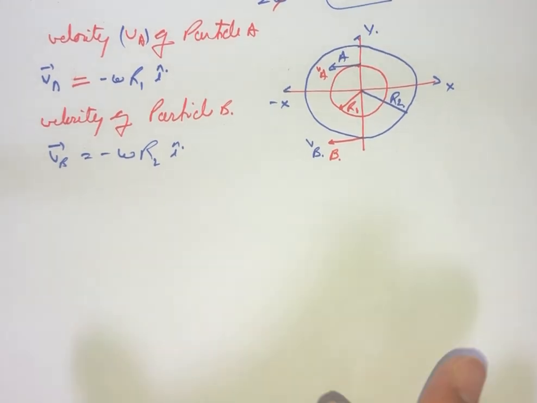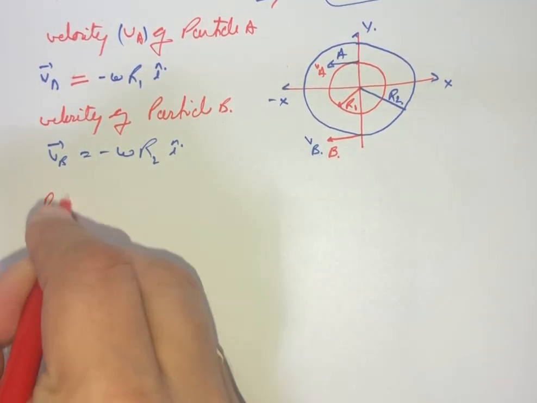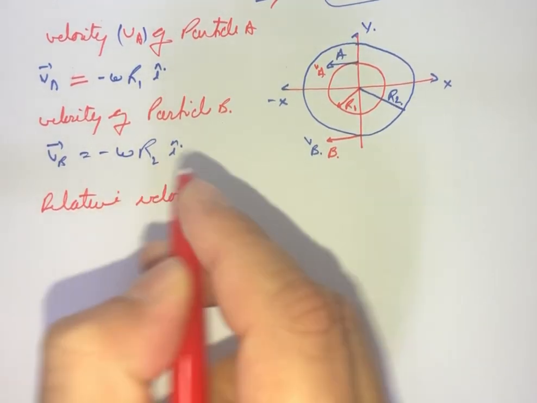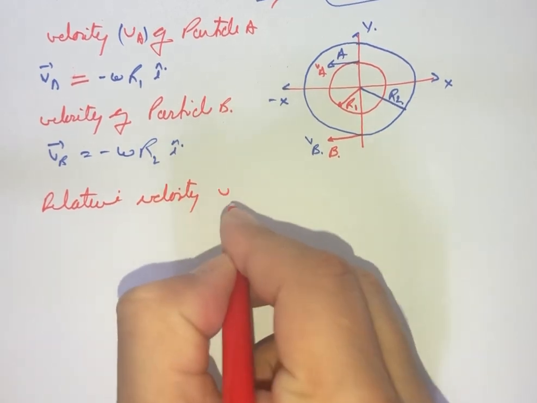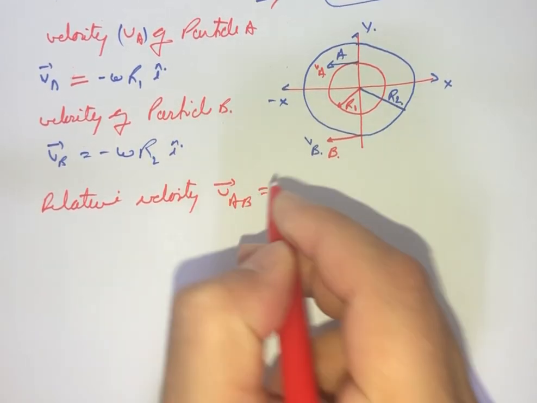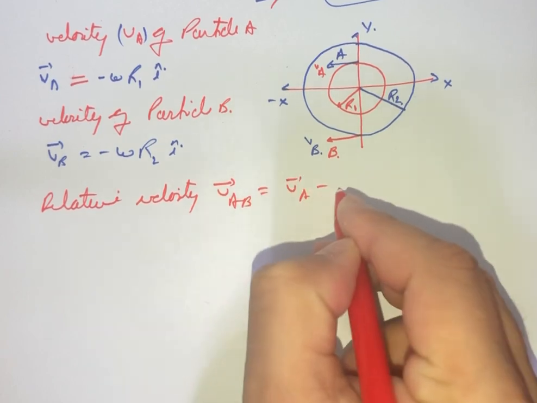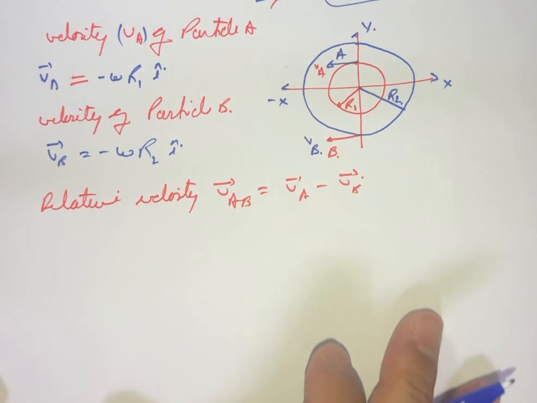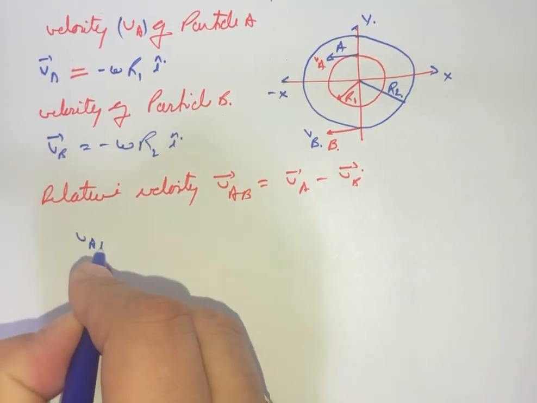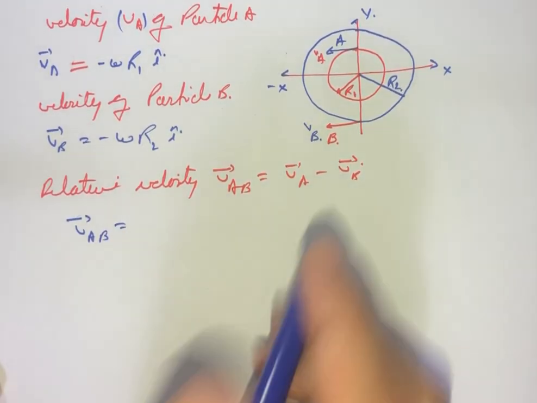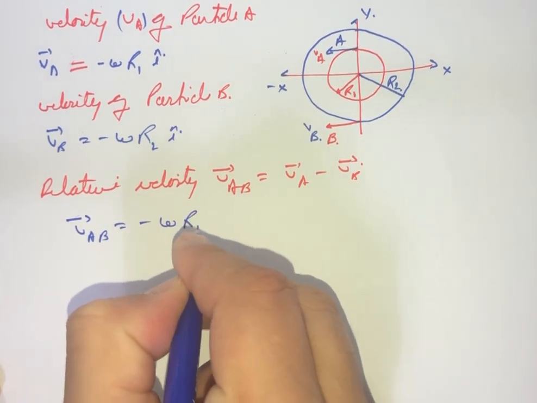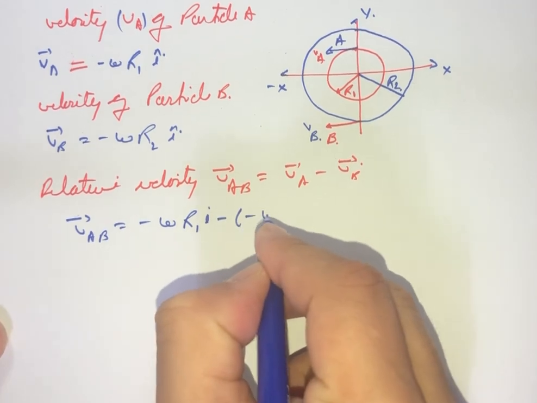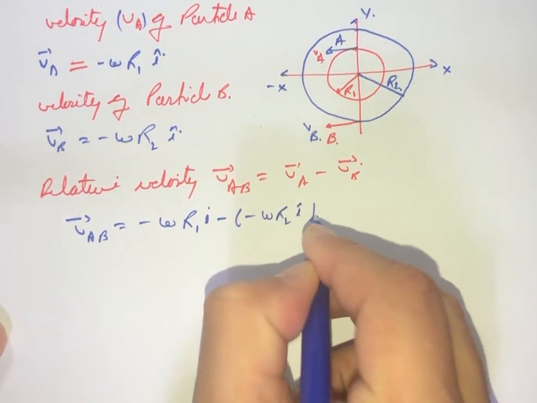Next is the relative velocity. Relative velocity VAB will be equal to VA minus VB. So we get VAB is equal to minus omega r1 i minus of minus omega r2 i.